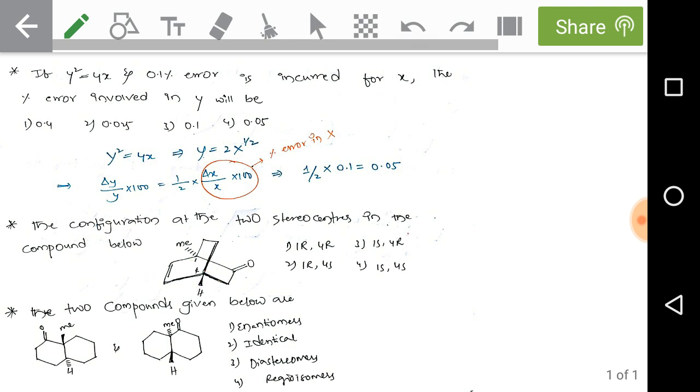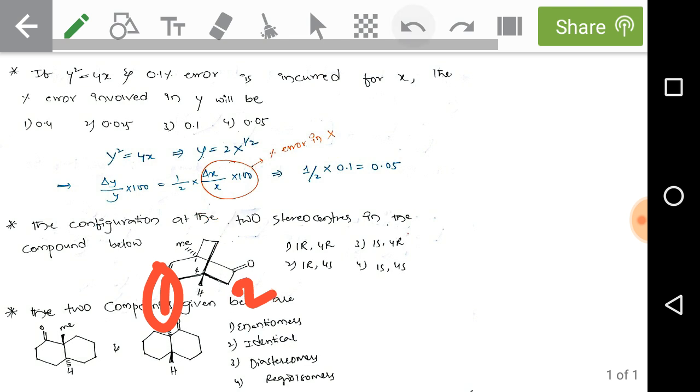Now look at the fourth chiral carbon. On the fourth chiral carbon, the first priority will be given to this, because at the first carbon a double bond is there. For the second priority, here CH2, here CH2. Now we need to look at the next carbon. On the next carbon we have oxygen, that means it is bonded with oxygen. So the second highest priority for this, and the third highest priority for this. Now just give the priority direction.